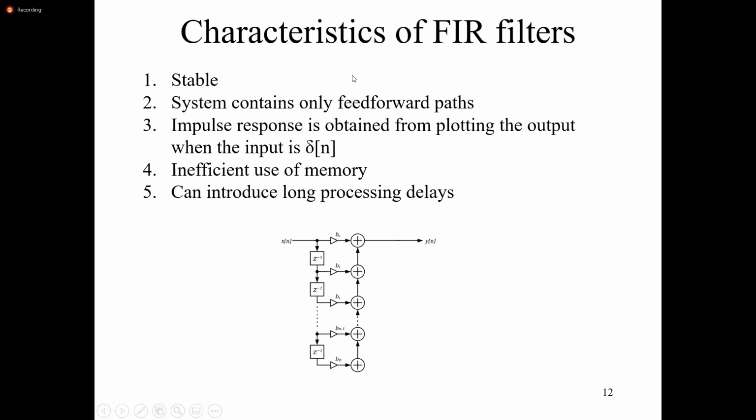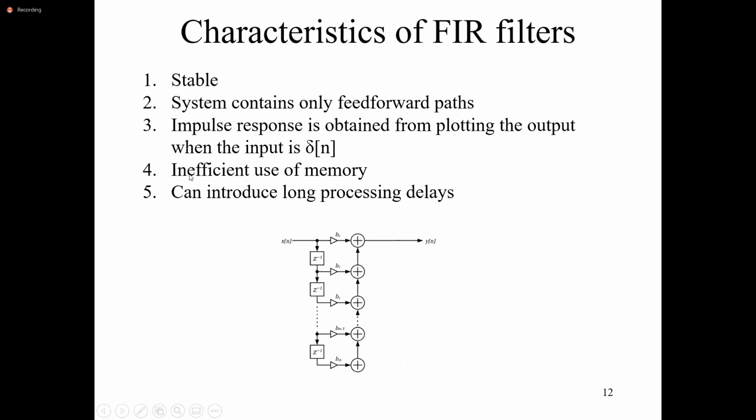So the characteristics of FIR filters: they are stable. They contain only feed-forward paths, as I said. And you can obtain the impulse response by plotting the output when the input is delta n. The good thing about them, of course, is the stability.